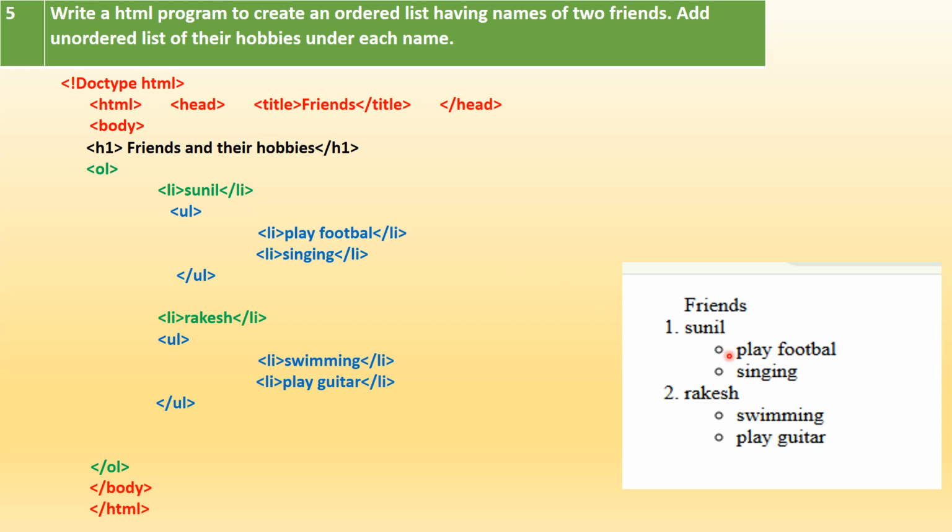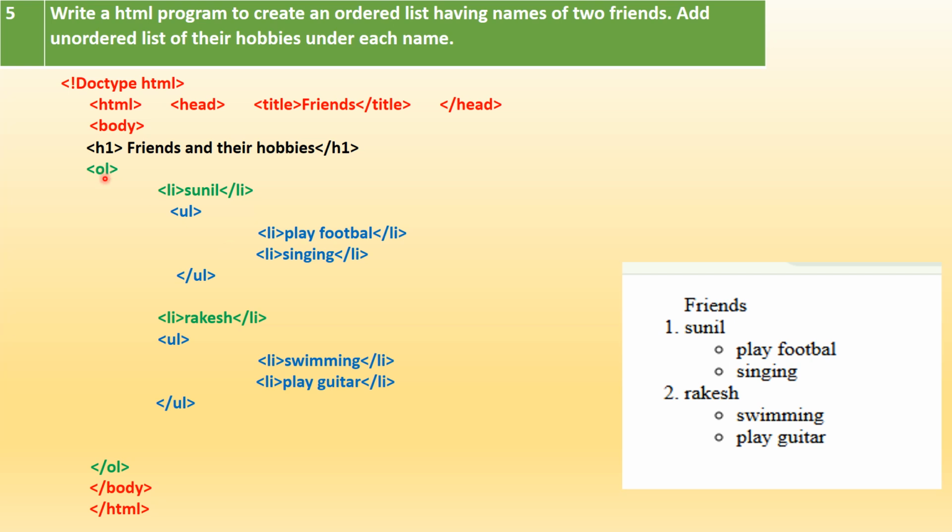If you want disk to display here, we have to use a property list-style-type. Along with disk, you have to use the value. You can see here LI Rakesh, that is 2 Rakesh, and here the items swimming and play guitar we have mentioned in UL, so that will be shown here as circle.